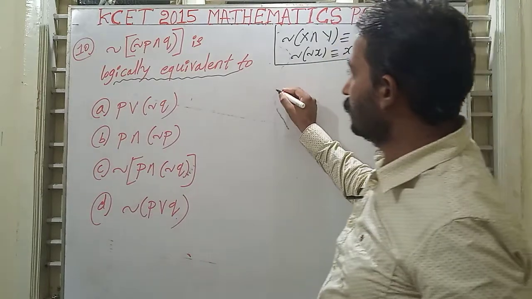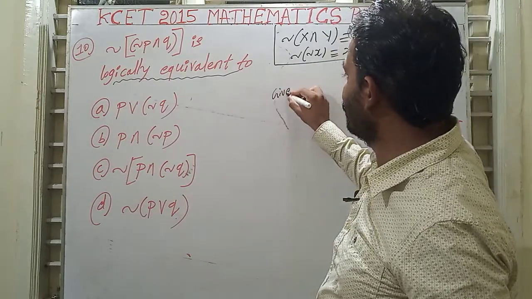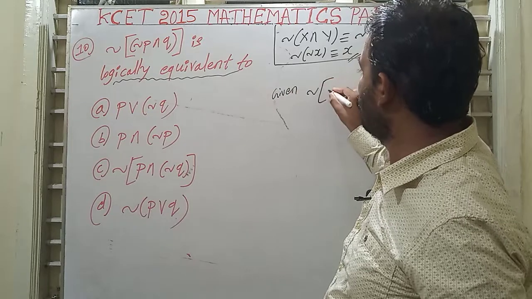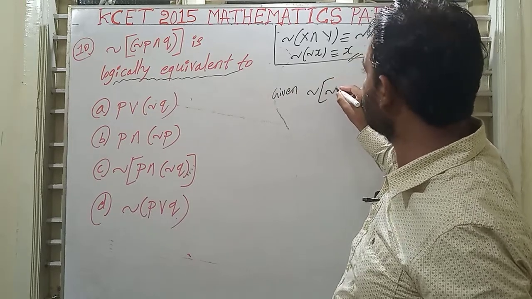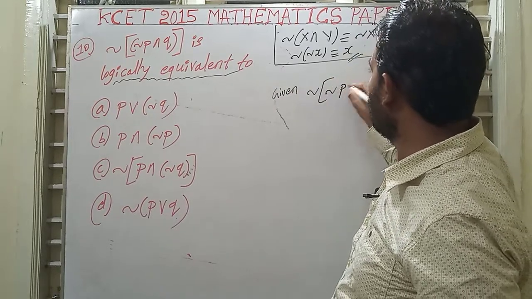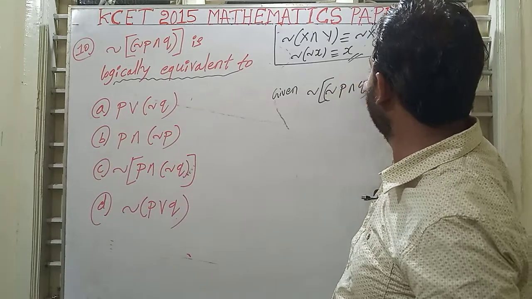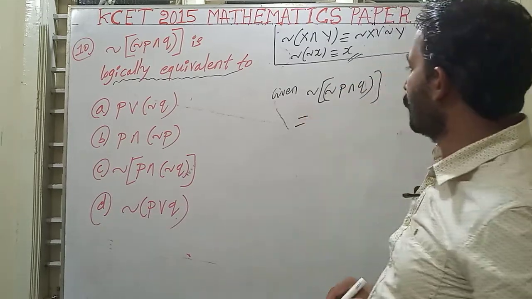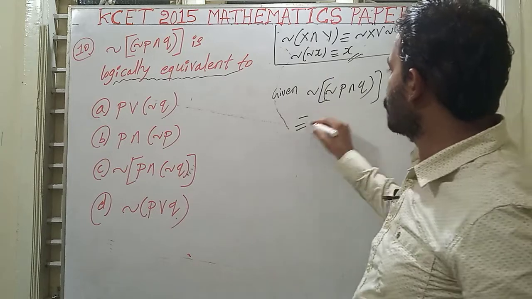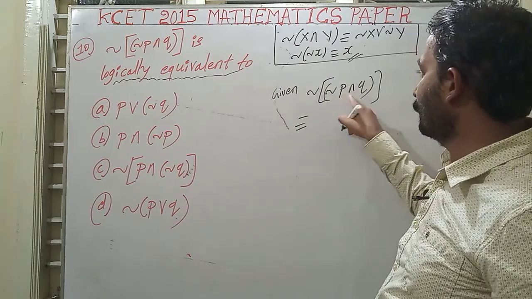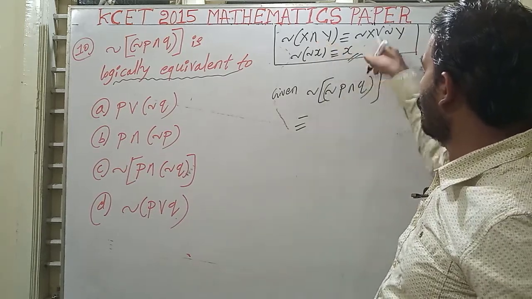So what is the given data in this case? Negation of negation P and Q. So using De Morgan's law, negation is applied to both statements and the and becomes or.